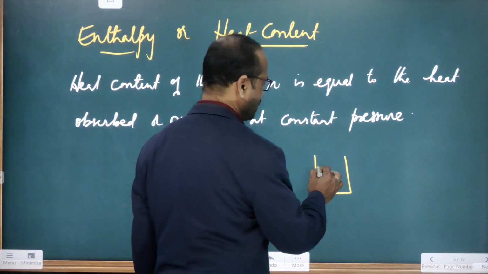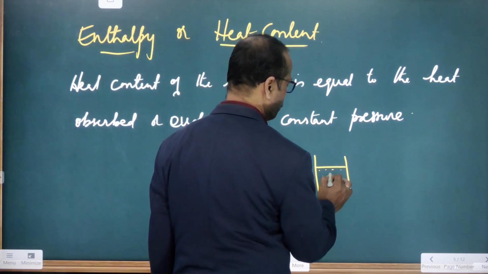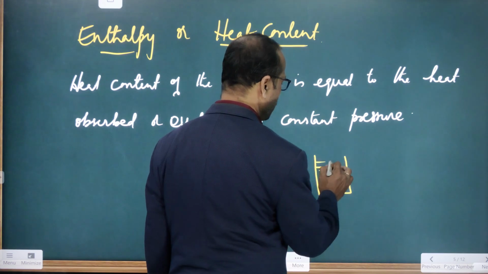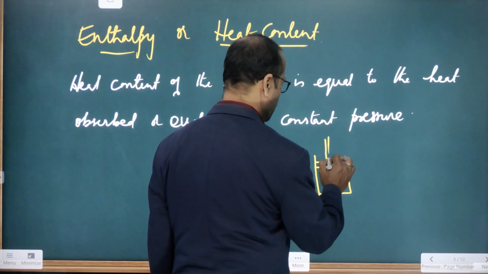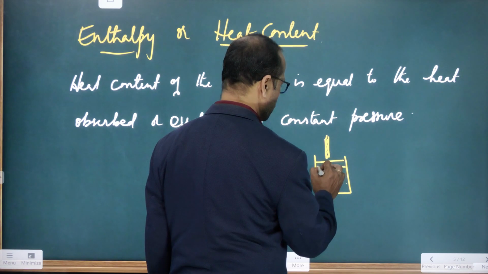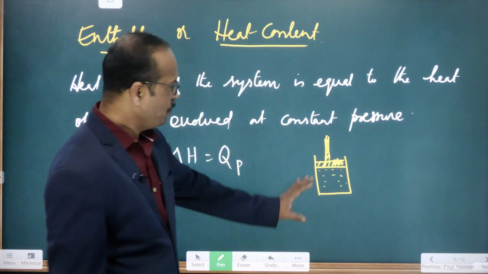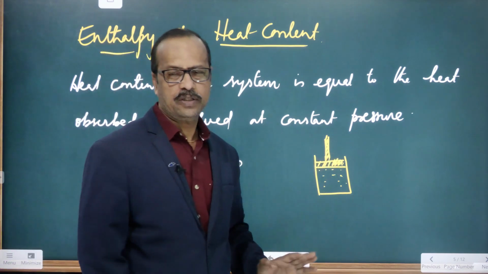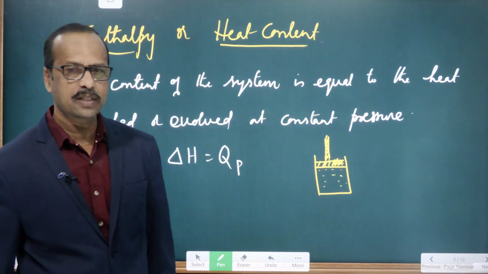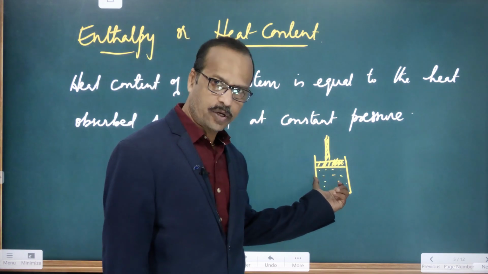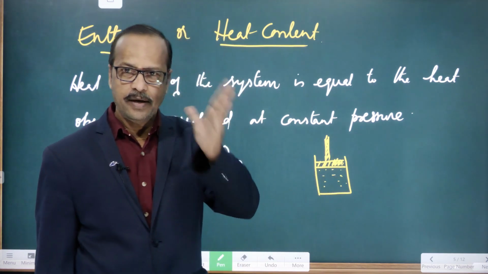Okay, this is a gas, and it is covered with one piston. This is called a piston. Like this it is kept with the piston. So this is our system. In almost all of thermodynamics, 90% of our intention is on this.